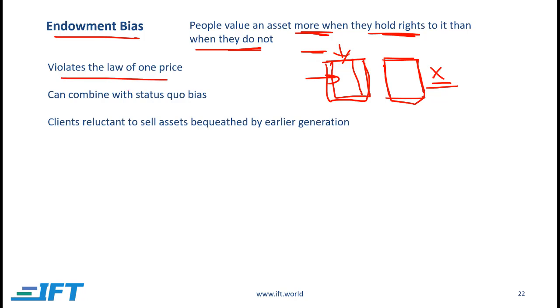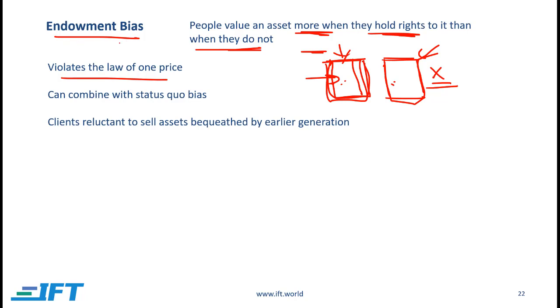It violates the law of one price because these two houses are similar. When I am thinking about buying another house, I think X is too much. But when I want to sell this house, which I have lived in for many years, I ask for a price that is more than X. Why does this happen? This happens because I am emotionally attached to this asset, and because of that emotional attachment, I am asking for a higher price.